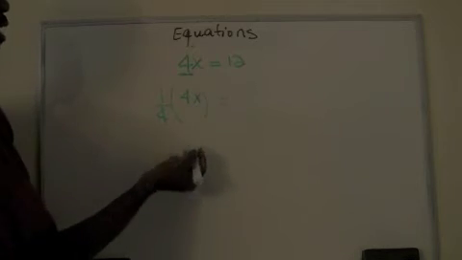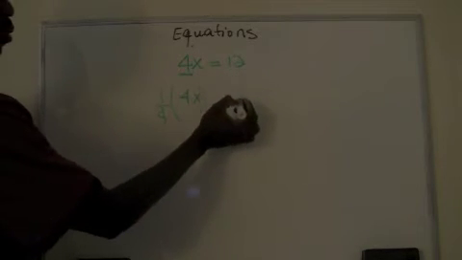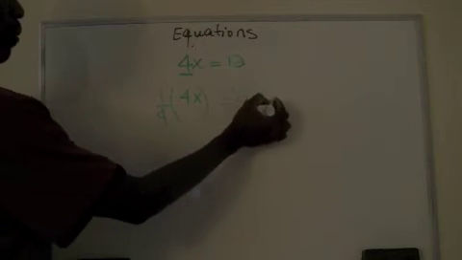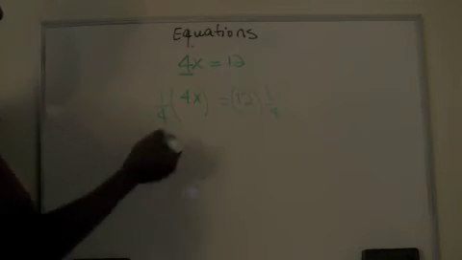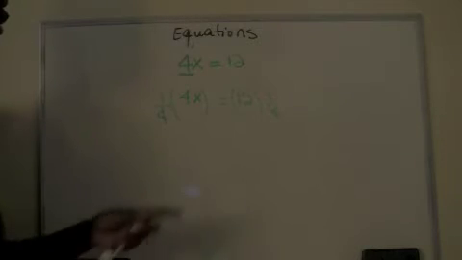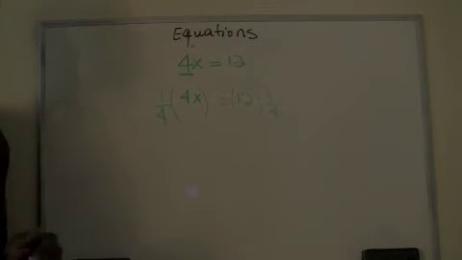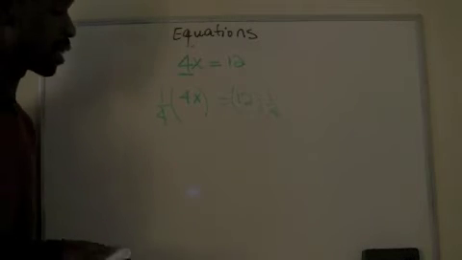And on the other side, we're going to bring everything down as it was, which is 12, also multiplied by 1/4. Because whatever we do on one side must be done to the other side in every term in the equation.